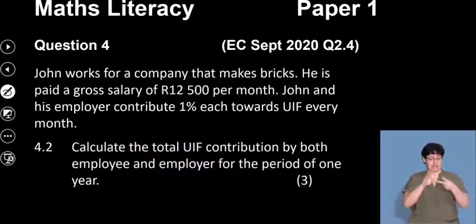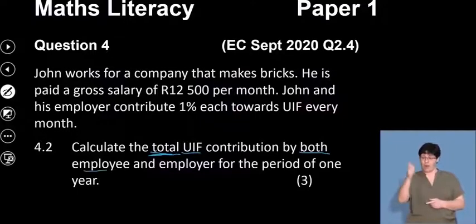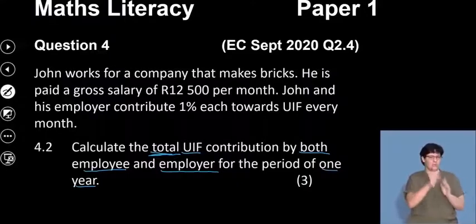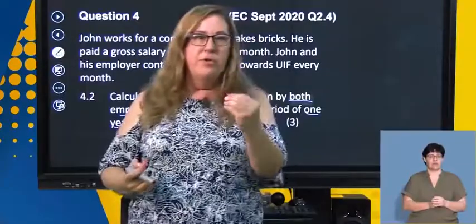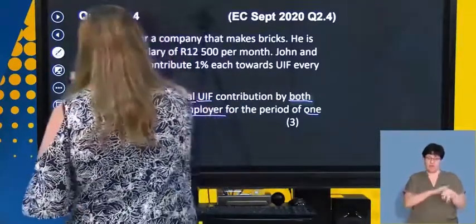The second part of the question says calculate the total UIF contribution by both employee and employer for the period of 1 year. So there's a couple of key characters that we need there, key information. So both employee and employer, period of 1 year, and the total. So I'm going to find some space.